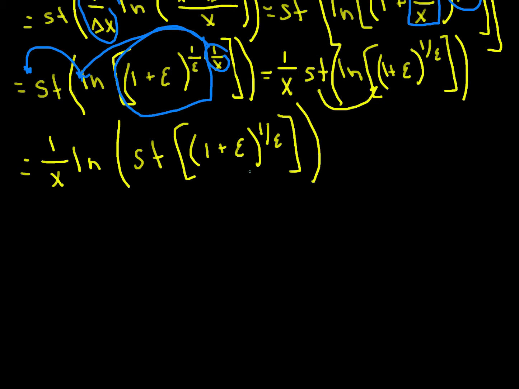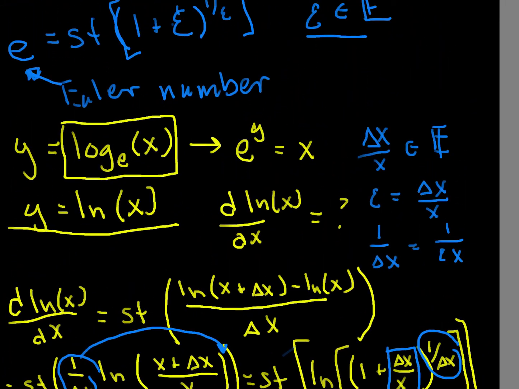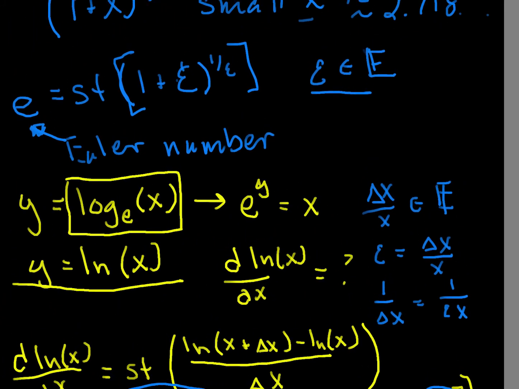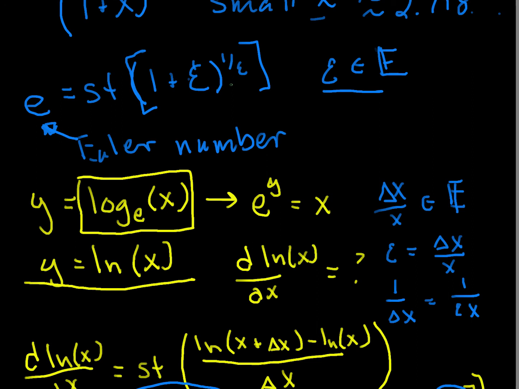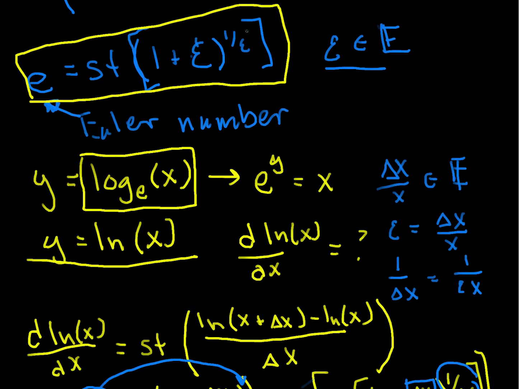All right, so now I need to know what is the standard part of 1 plus epsilon raised to the 1 over epsilon. But that's exactly, let's scroll up, what we defined e to be. Our Euler number, or our natural number, is the real number that's infinitely close to 1 plus epsilon raised to the 1 over epsilon. It is the standard part of that.